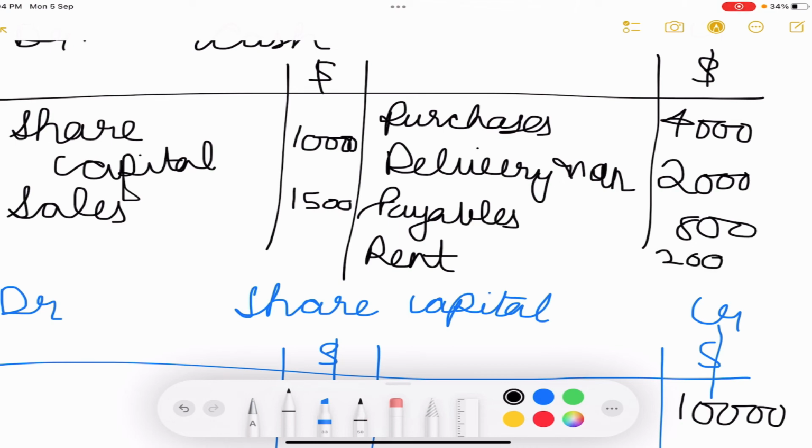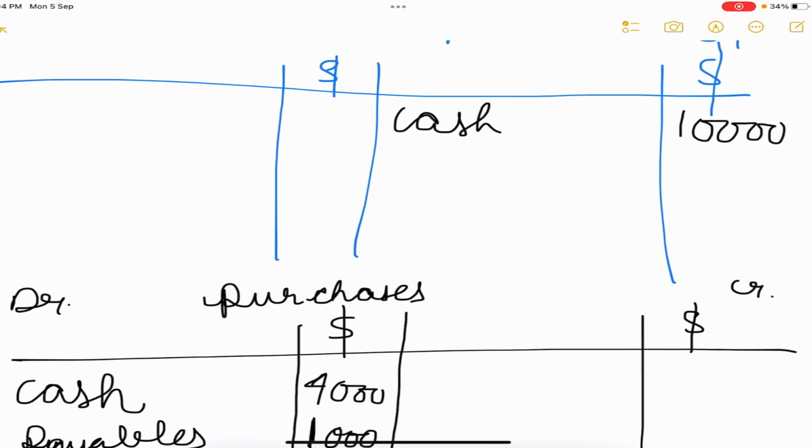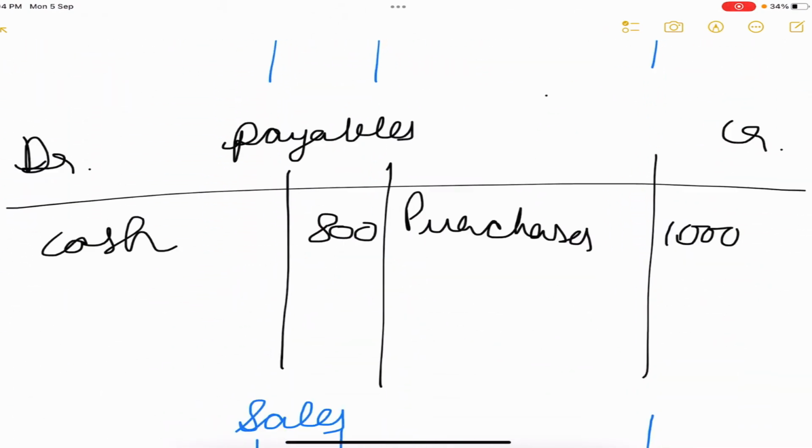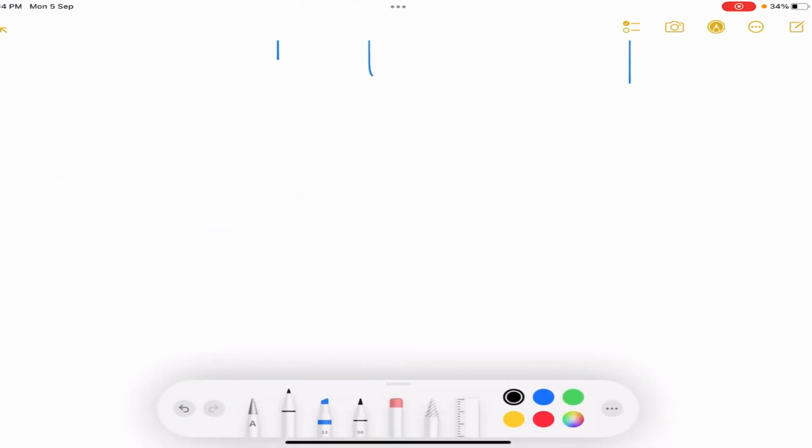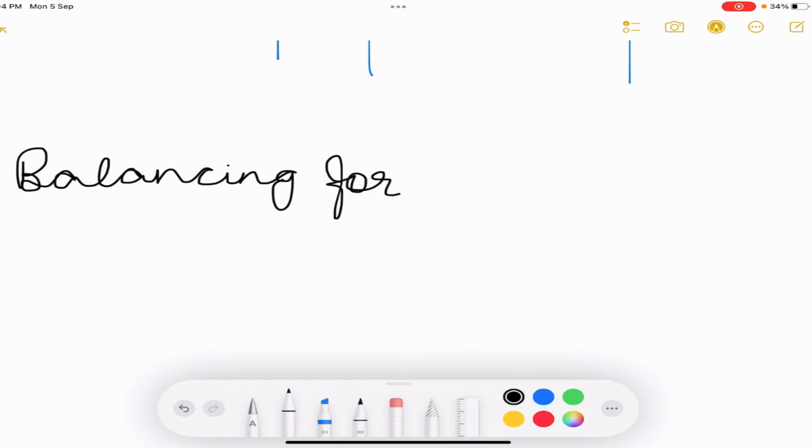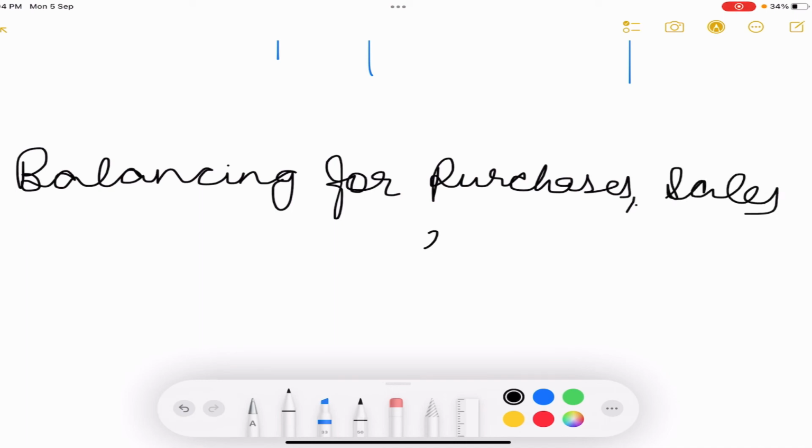Now you have to do the balances. So one thing you need to keep in your mind whenever you're doing this is, let me just write it down here. Balancing for purchases and sales and rent. So these are something which are, what are these?